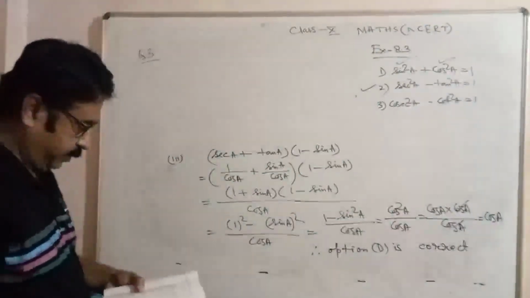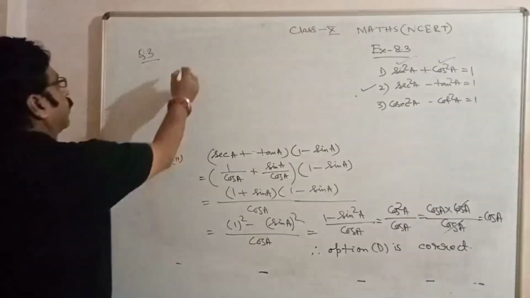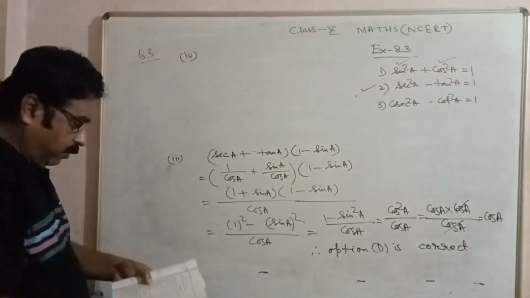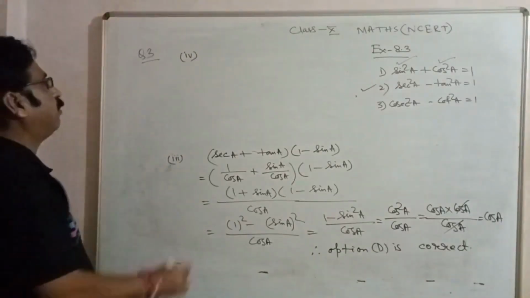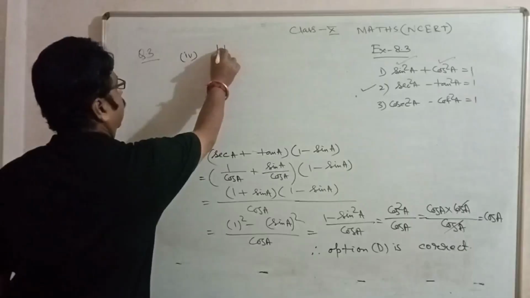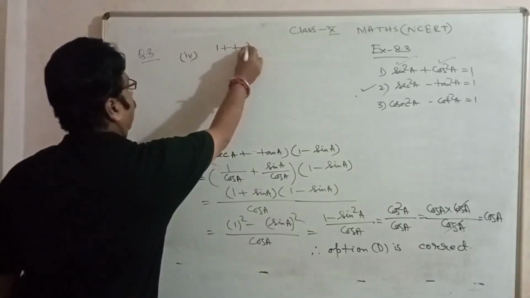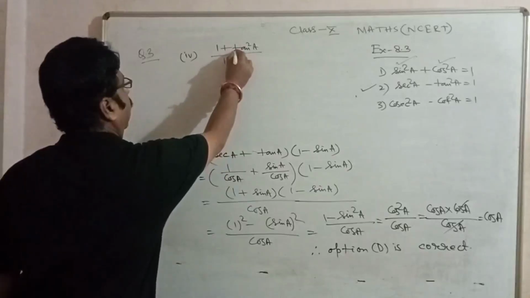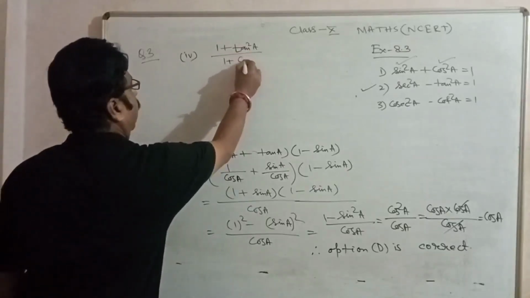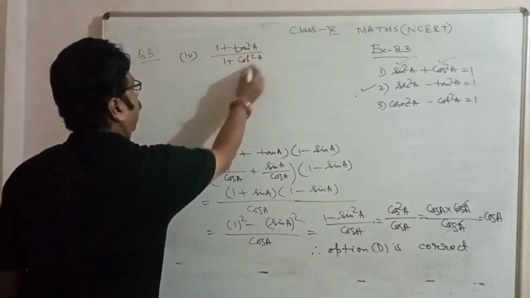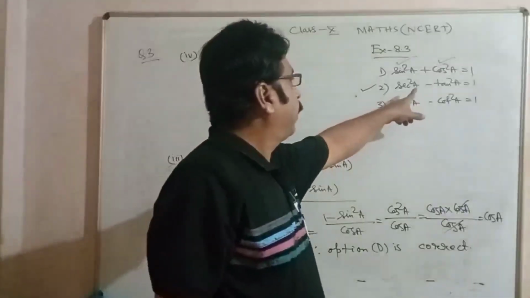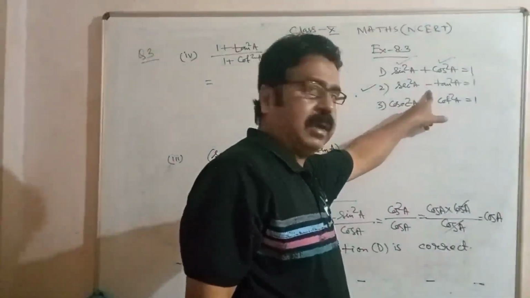Fourth part: 1 plus tan square A upon 1 plus cot square A. See this identity: tan square A is minus here.